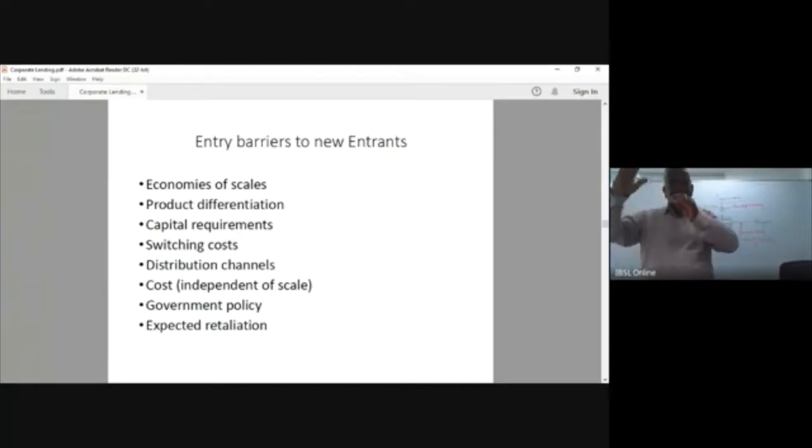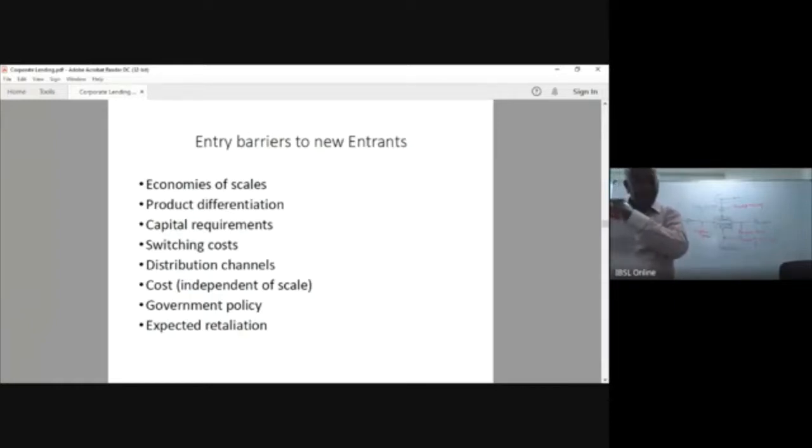When they increase their production quantity over a period of time, the variable cost will also increase, but the fixed cost will get divided. So when they produce more and more, the cost of production per unit will come down.